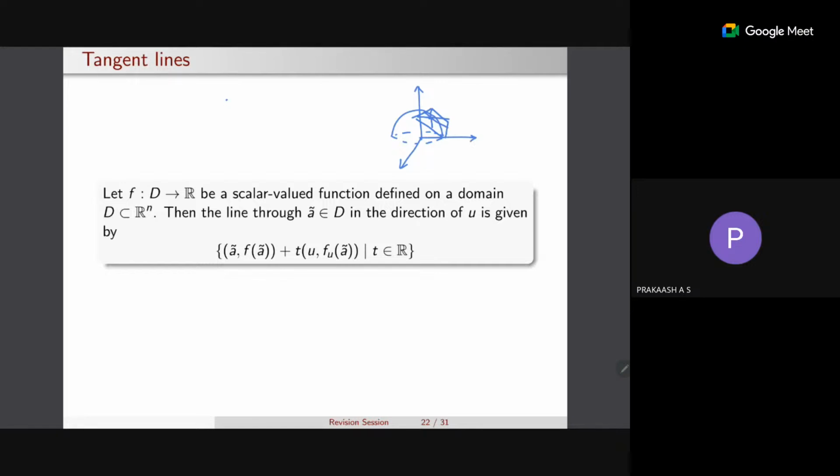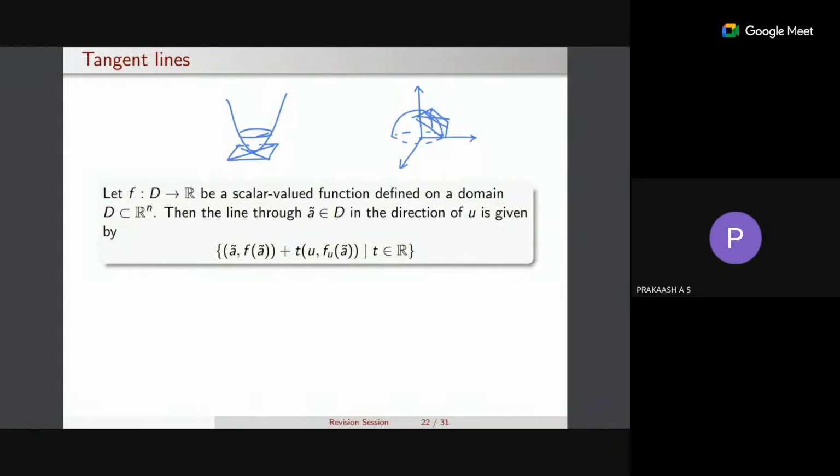So given, let's say, the hyperbola, at the bottom, the tangent plane is the plane which is parallel to the xy plane. And any line which passes through that point and lies in the tangent plane is called a tangent line.